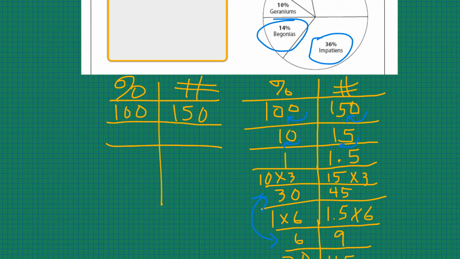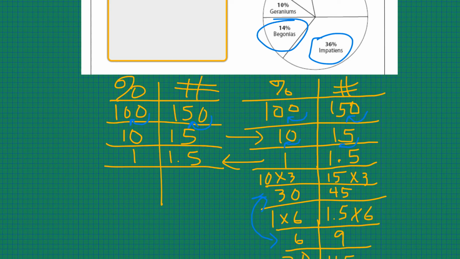So that's my goal, is to get to 14%. Can anybody got an idea what I'm going to do? That's right. I'm going to move the decimal one place over this way. And if I do it to the left, I do it to the right, and that gets me 10% equals 15, just like it did in the other table. And so I need the 1% too. 1% equals 1.5.